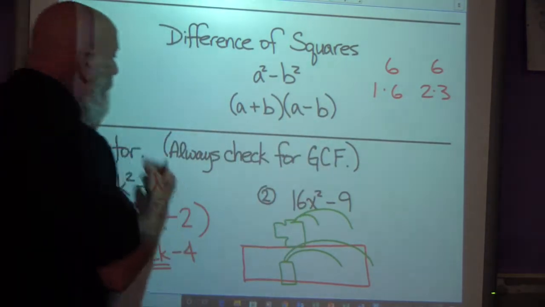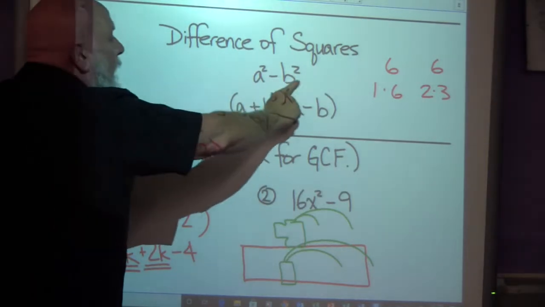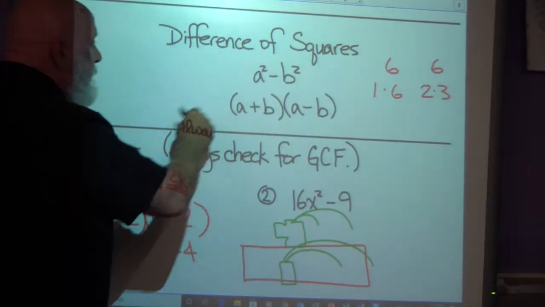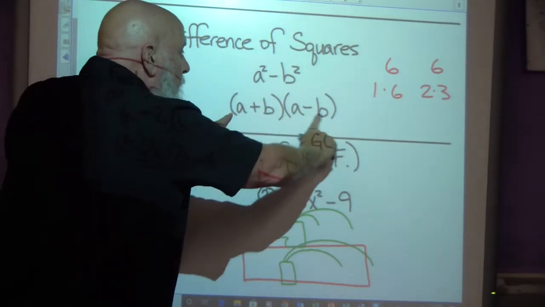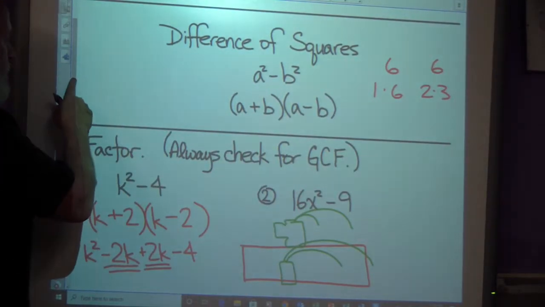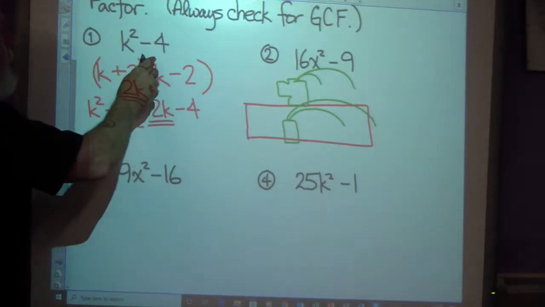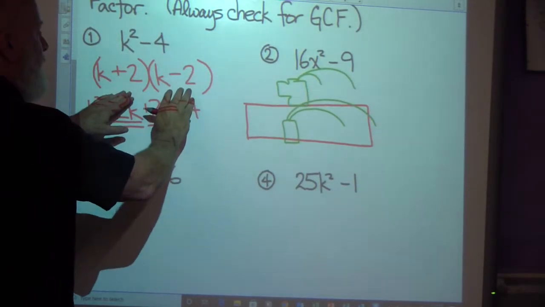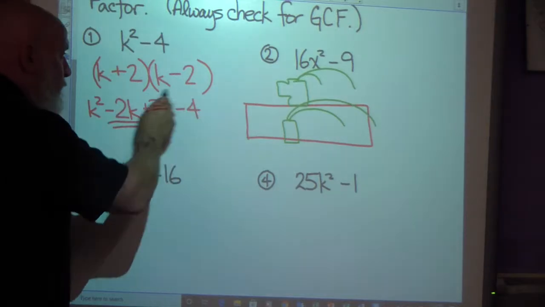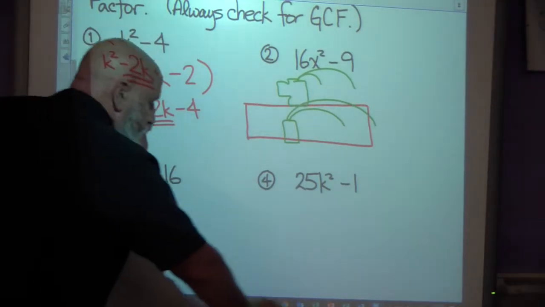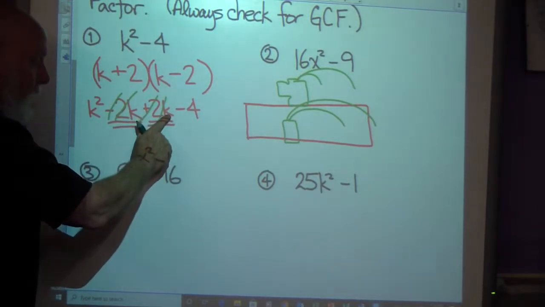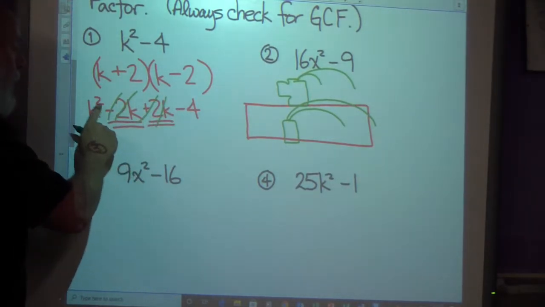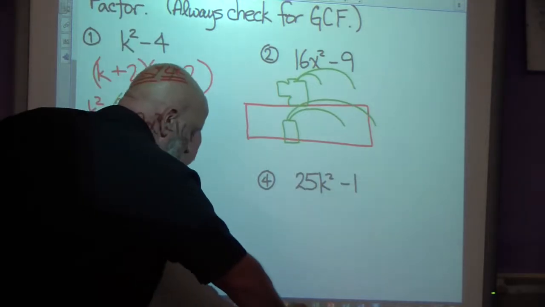If it's that pattern, you'll always wind up with a perfect difference of squares if you multiply them. That means if you factor a difference of squares, you'll wind up with those 2 factors. So I just demonstrated that I can factor this into this, and I demonstrated that if I do multiply these 2 things together, I wind up with, because these cancel each other out, 2k minus 2k is 0, k squared minus 4.